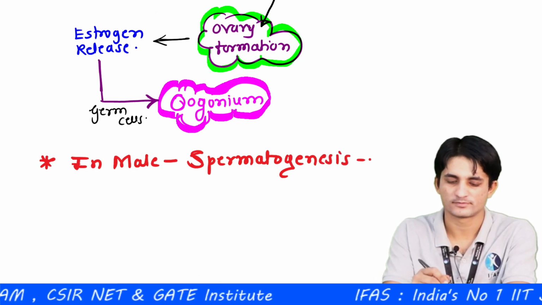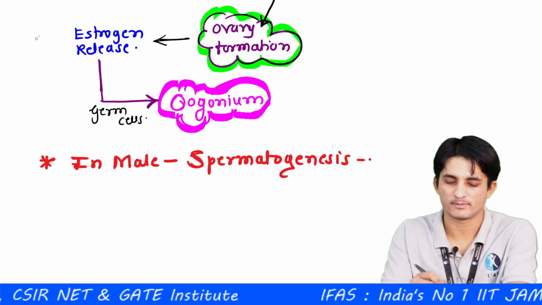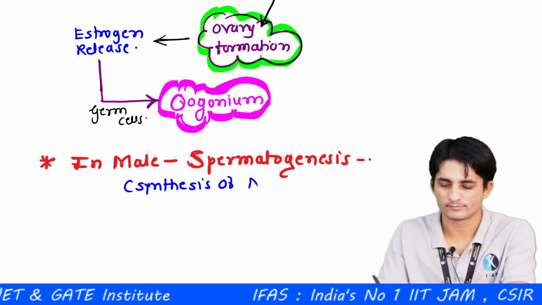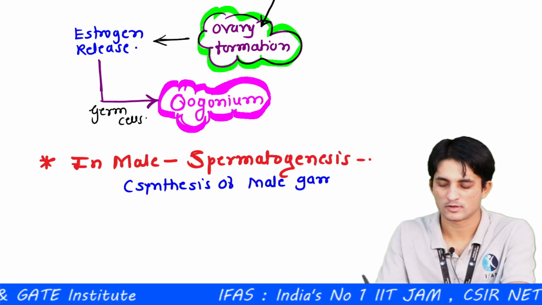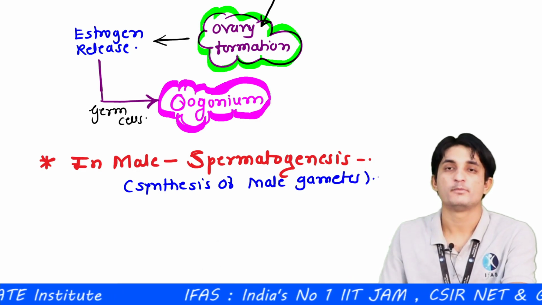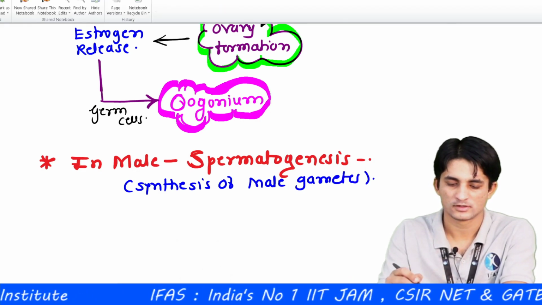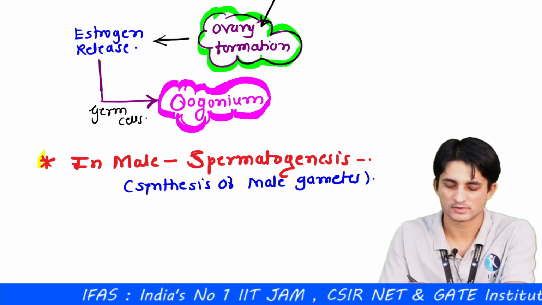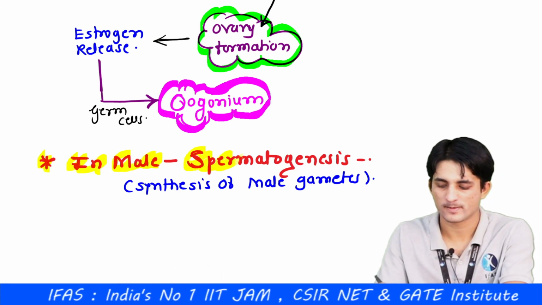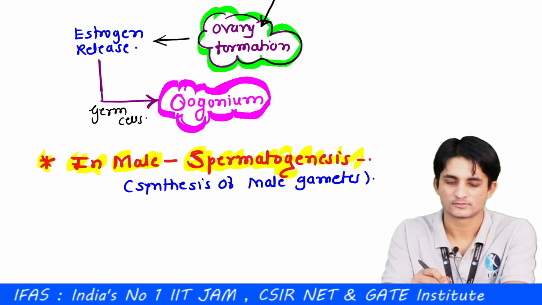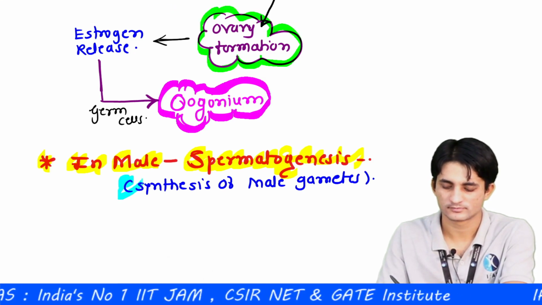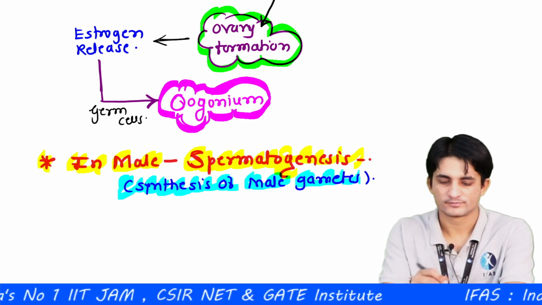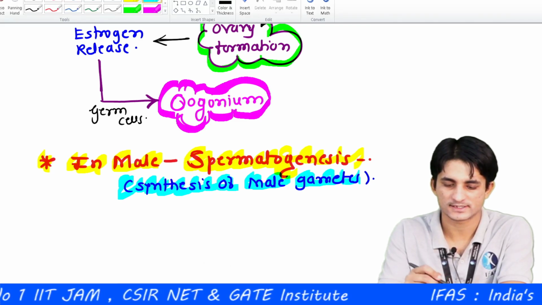That is the generation of male gametes, and the male gametes are produced in the seminiferous tubules in the testis.